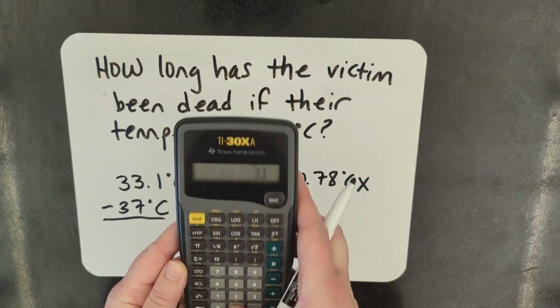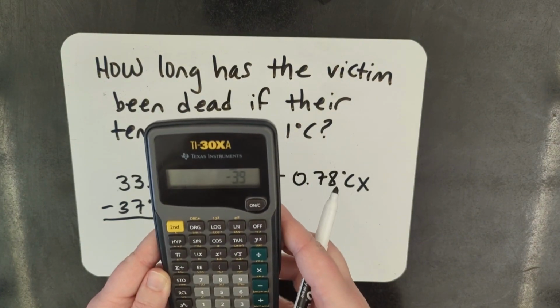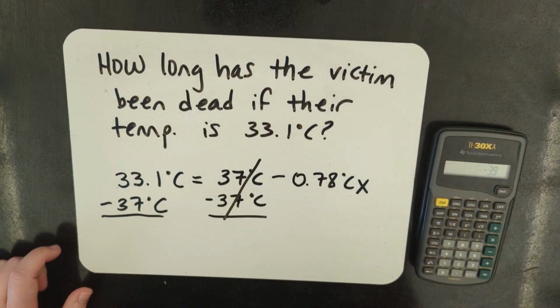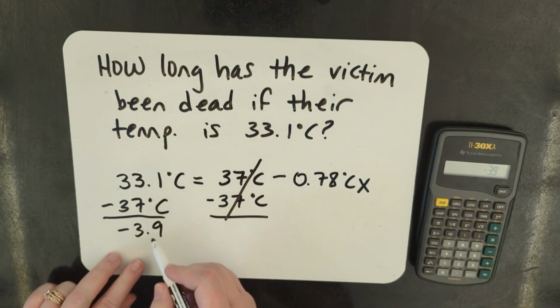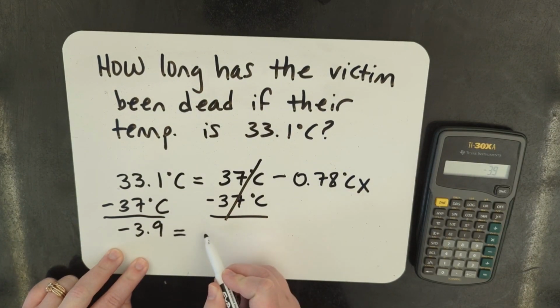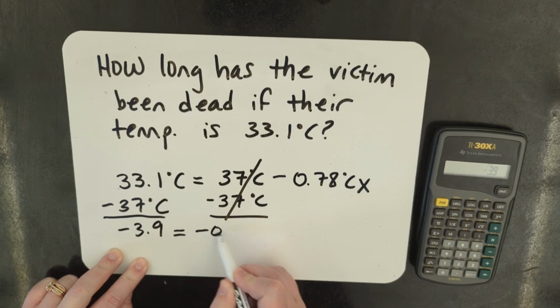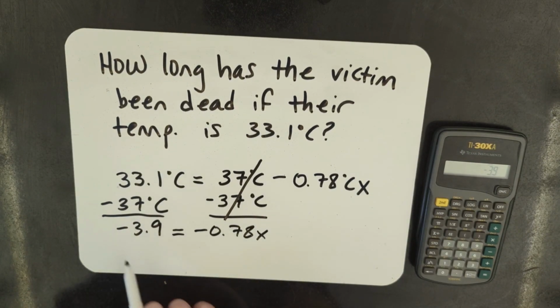So 33.1 minus 37 should give you negative 3.9. You want a negative number, so that is great. So I'm going to put this all together. Negative 3.9 is equal to negative 0.78x. How are we going to get x by itself now?